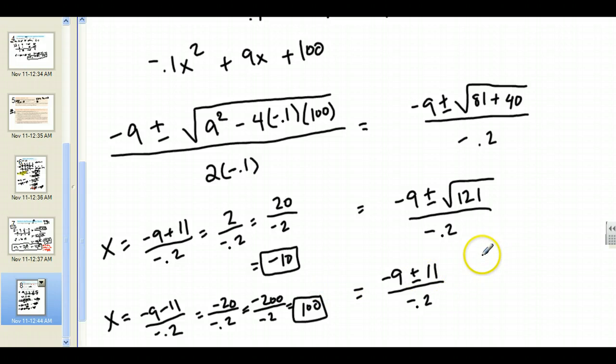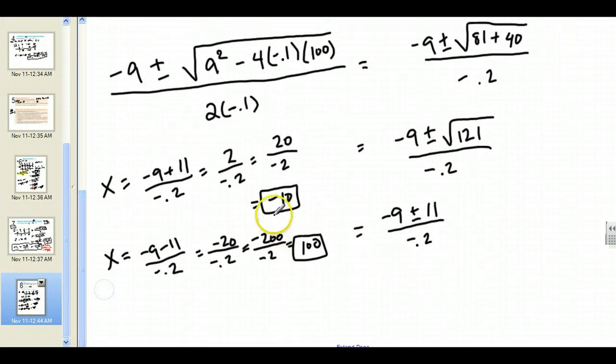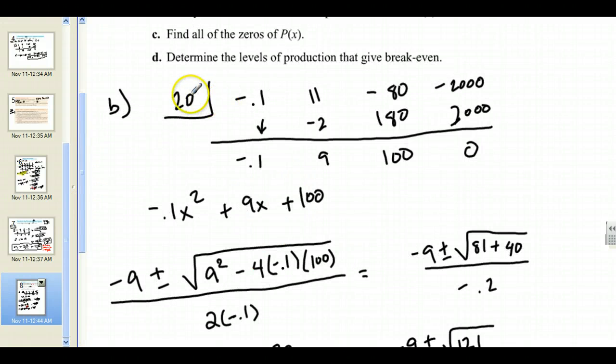Now, if you remember, x is way up here. x is the number of thousands of units produced and sold. Does it make sense to produce negative 10,000? No. So we wipe that answer out. And so 100 and 20 are the two zeros that make sense.